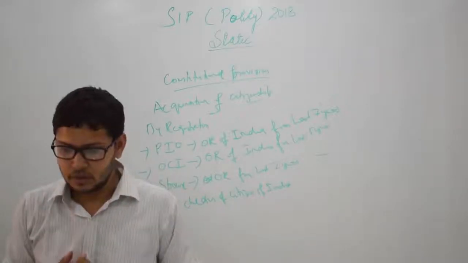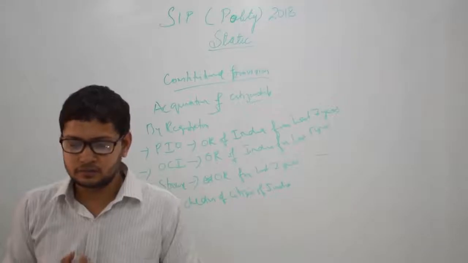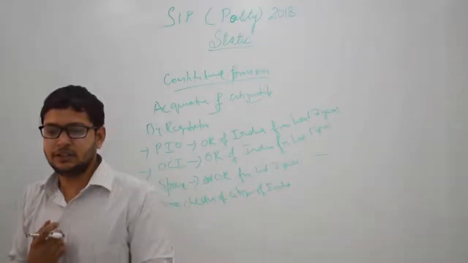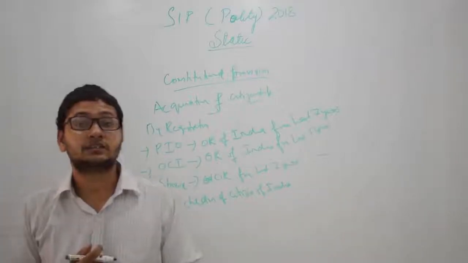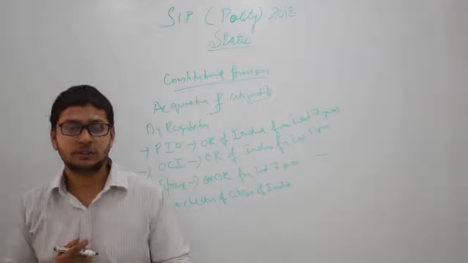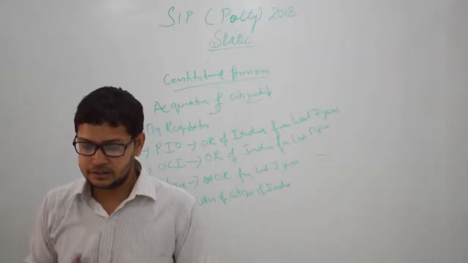So what do we mean by ordinary resident? An ordinary resident is a person who is living in India throughout the period of the last 12 months. That is known as ordinary resident.